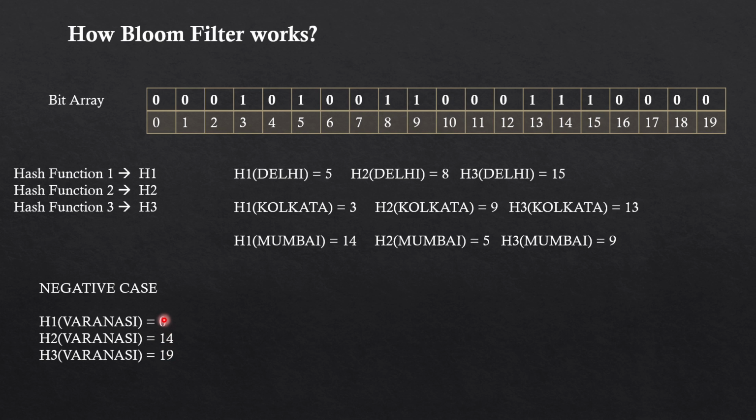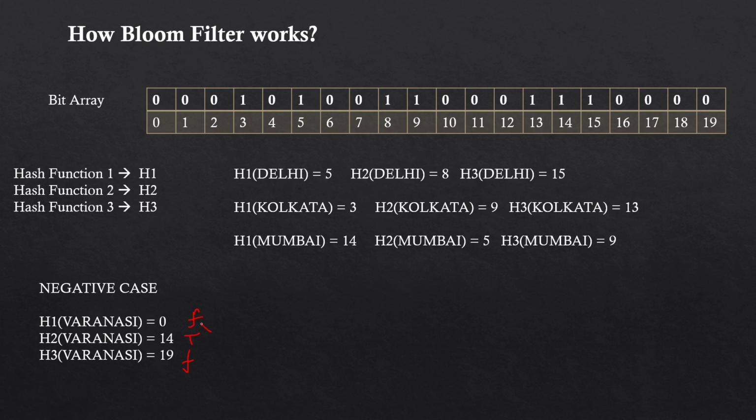For 0, it means it's false, it is not present. For 14 it is present. So let me write it down. This one is false, this is true, and this is again false.